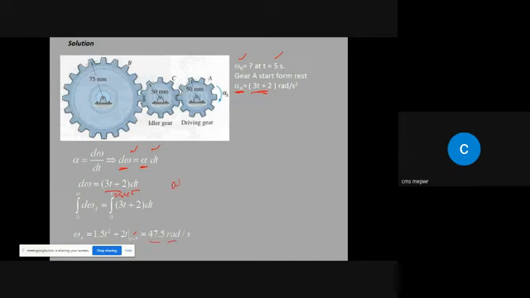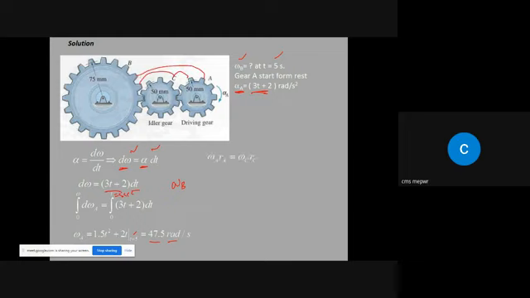But remember, we want omega B, not omega A. So from this we can find omega B. How can we move from here to here? We can move through this step.